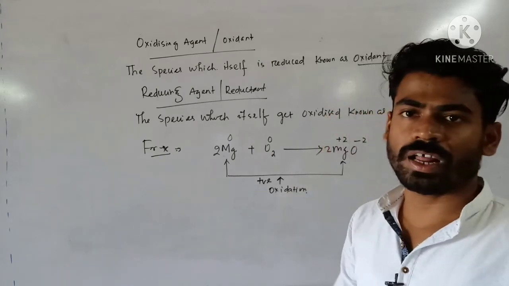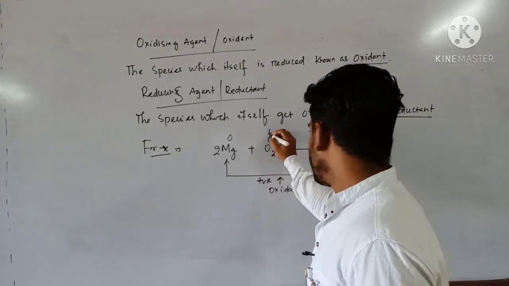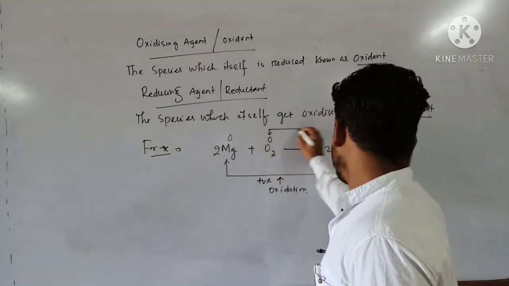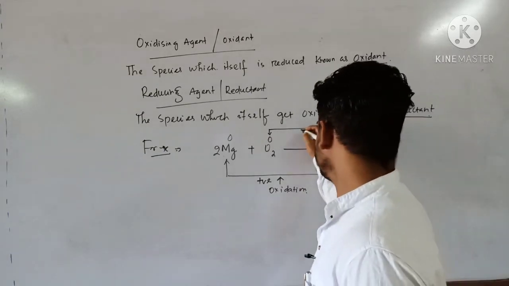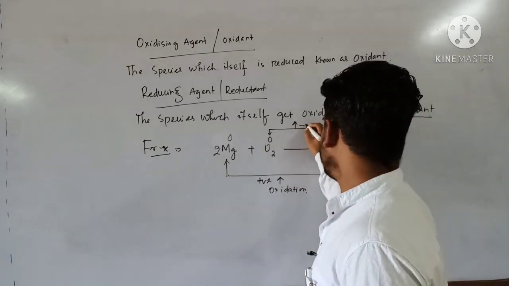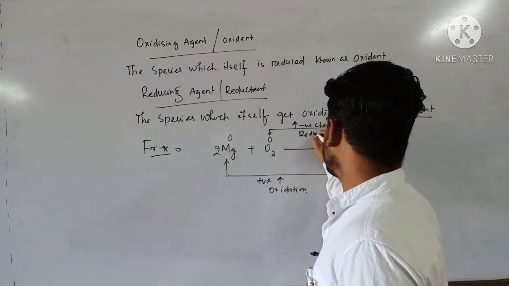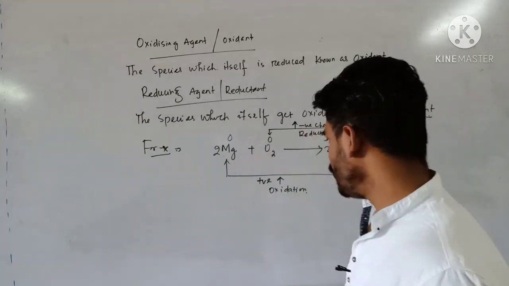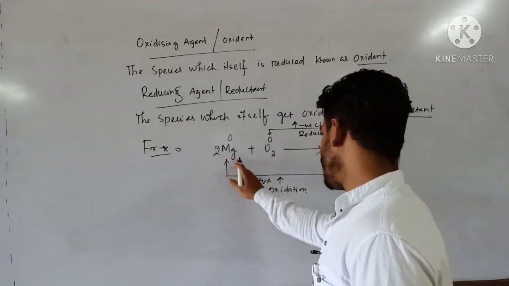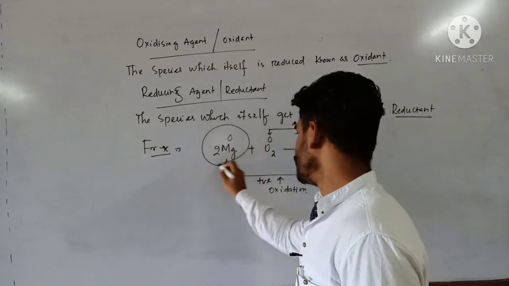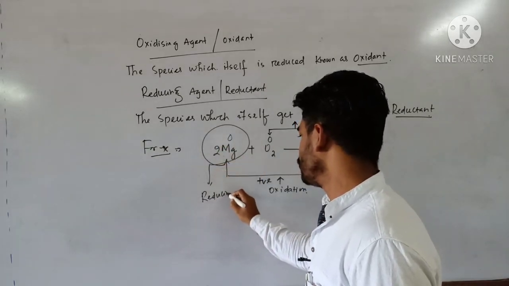किसका ऑक्सीडेशन हो रहा है यहाँ पर? मैग्नीशियम का, ठीक। And here oxygen having 0 to -2, that is increase in negative charge. Increase in negative charge means this one is reduction. As I have told you, the species which is oxidized, that is magnesium, acts as a reducing agent. This one is our reductant or reducing agent.